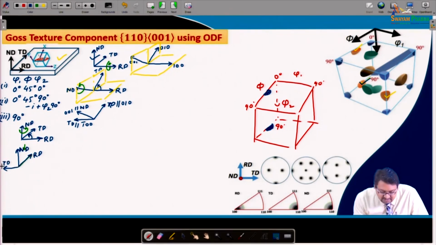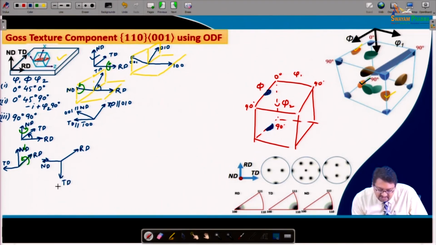So, you see this is the first rotation, and then again we rotate along phi by 90 degrees. So, what we are doing? We are doing a right hand thumb rule rotation along RD, and thereby the RD remains at the same position, and the ND is rotated somewhere here and the TD is rotated here.